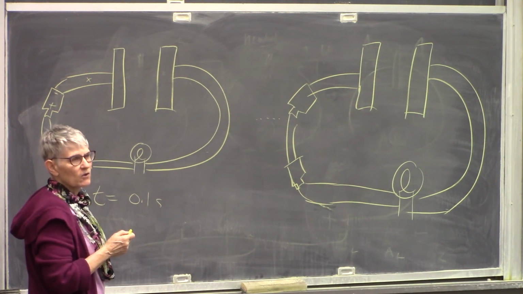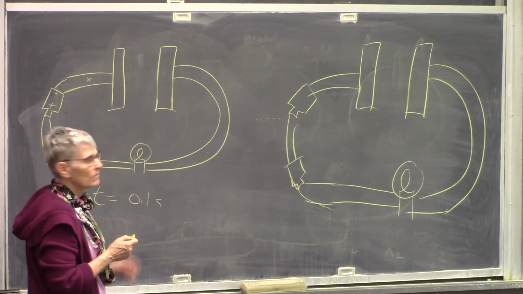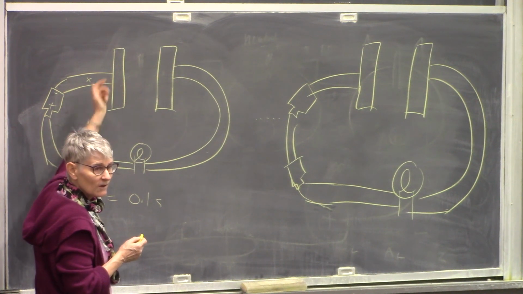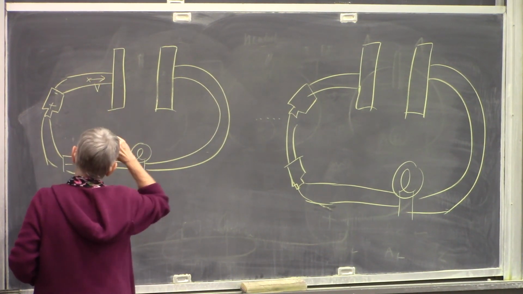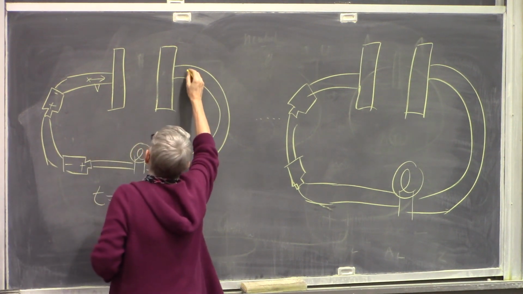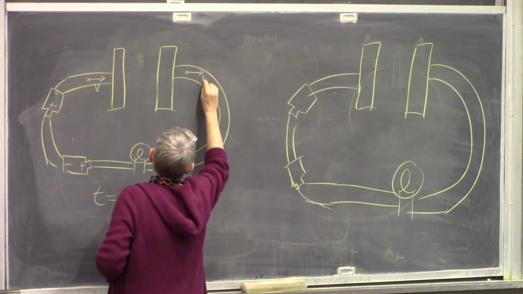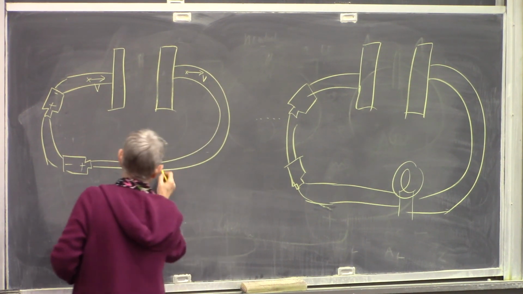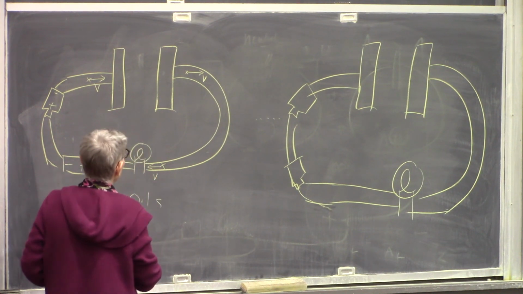Electron current is flowing away from the negative end, right? So we're going to have, and that means electron current here is flowing that way, and we have electron current flowing that way.